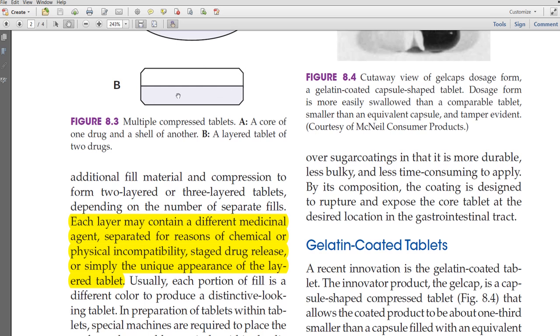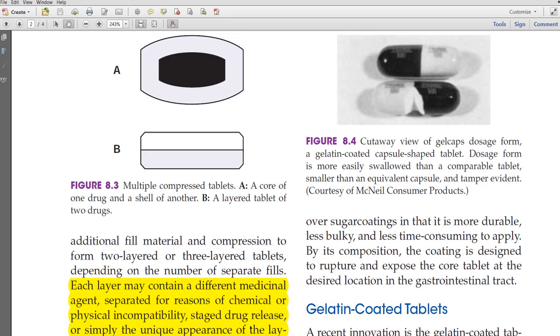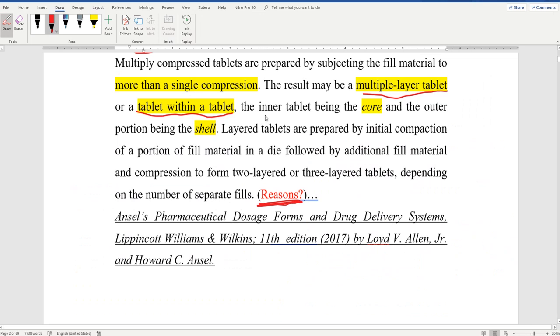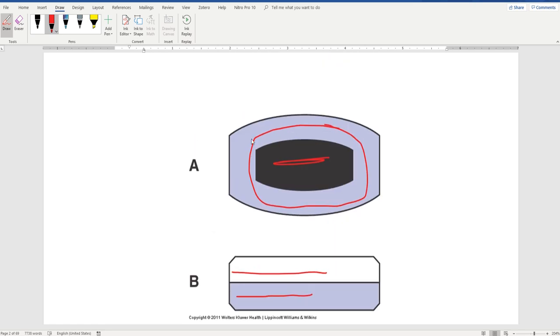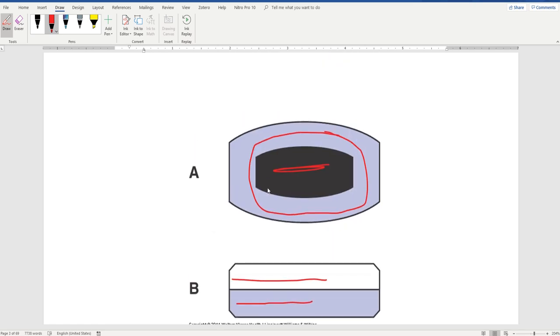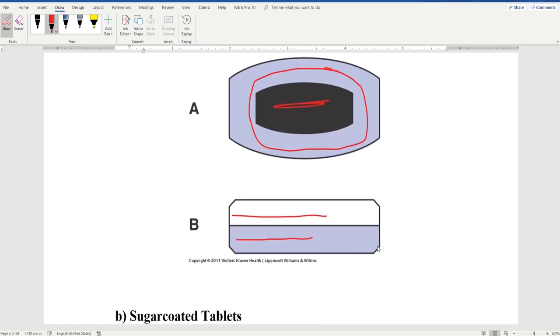I can do that by preparing multiple layer tablets, and I will show you that. So let's go back and talk about the details of how we can produce tablet within tablet or layer tablet. First, we're going to explain by showing you a video how layered tablets can be produced.